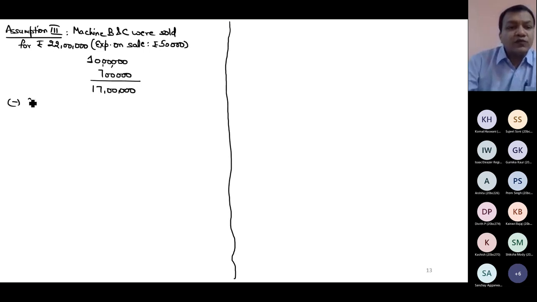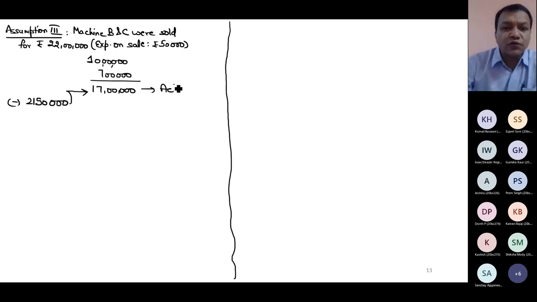I cannot deduct 21 lakh 50,000, because the sale value can never exceed the total of this. In fact, it is the actual cost of the block. So your sale maximum can be 17 lakh. So I cannot show 21 lakh 50,000. I have to write only 17 lakh.